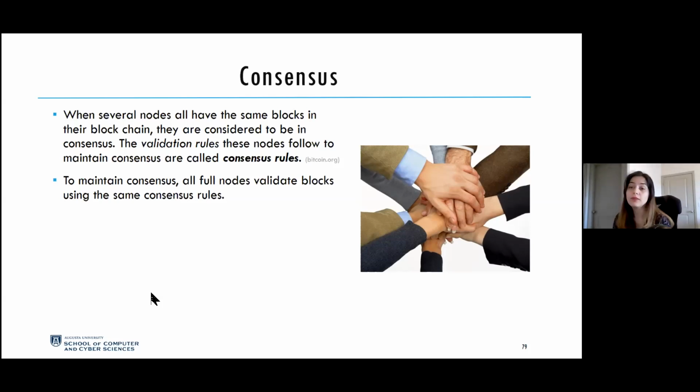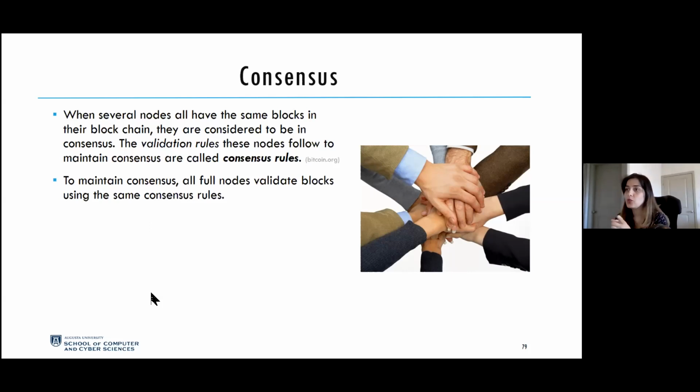When you follow the consensus rules, if the consensus rules apply for all the blocks in the blockchain, you will be sure that you are in consensus at that point. So each node will follow the consensus rules separately, and if all the blocks in the blockchain satisfy the consensus rules, you are sure that you are in consensus with the whole network.